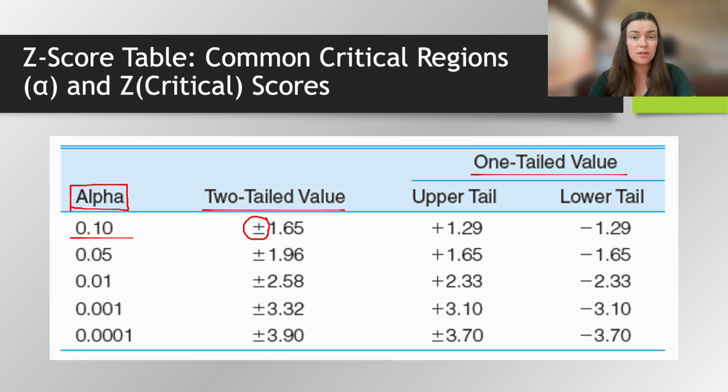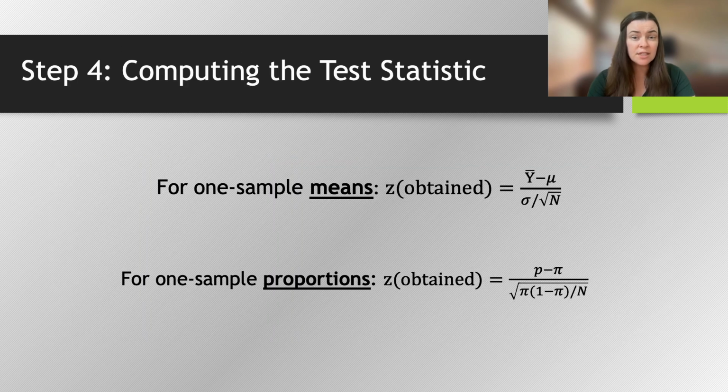This is the last component of step 3, and we will move into step 4 in a second, about computing our test statistic. Our test statistic is going to depend on whether we are using sample means or sample proportions. You heard me use the language on the last slide about z obtained. What we're ultimately going to do in step 5 is compare the value of our z obtained, which is basically our test statistic, what we calculated, in comparison to those alpha cutoff points in those z critical regions that we just discussed on the last slide.